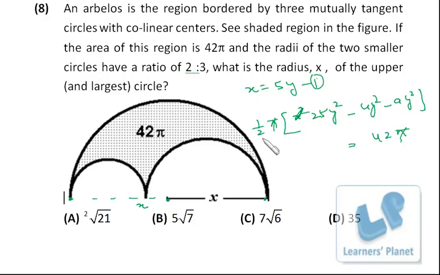Pi and pi cancel. It is 25 minus 13, so 12y square by 2, so it is actually 6y square. So y square is equal to 7, so y is equal to root 7. Now we have to find out the value of x. So x is equal to 5y, so 5 root 7. Okay, pretty simple.